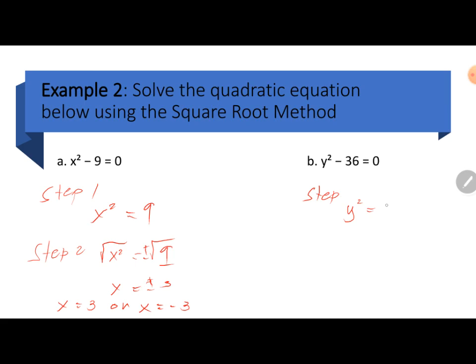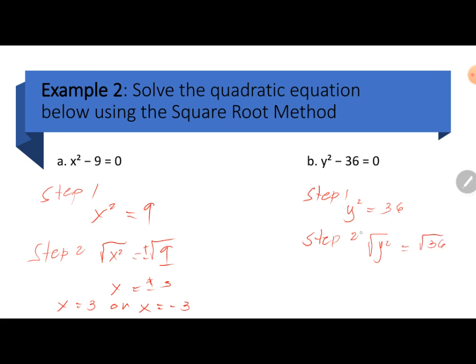Right, positive 36. So we write positive 36 on the other side. Next, step 2. For step 2, we're going to square root both sides. So the square root of y squared equals the square root of 36.